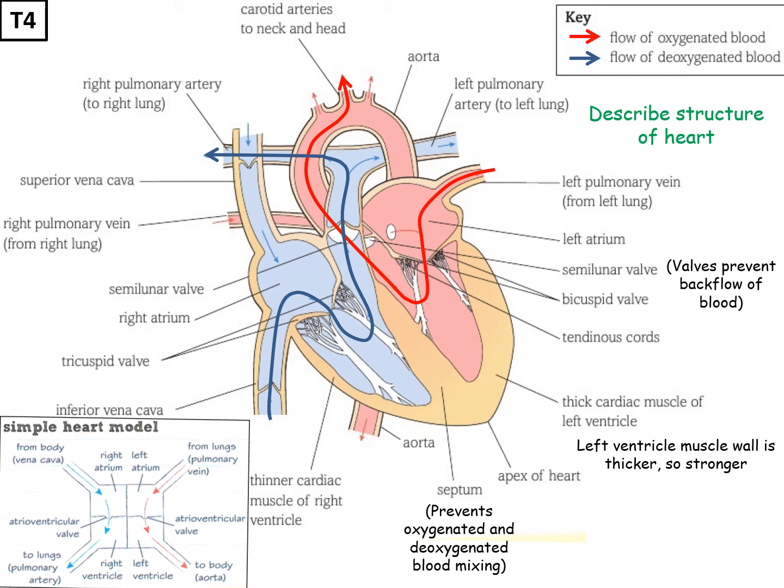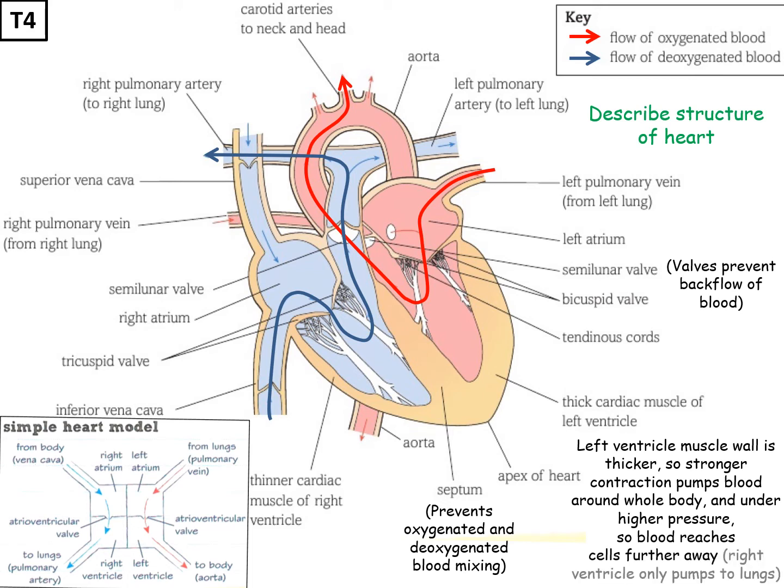And if it contains more muscle, the contraction is going to be much stronger. And because it's a stronger contraction, you can pump the blood around the whole body a longer distance and much faster. So the contraction and the pumping of the blood will be under a higher blood pressure, and that helps the blood reach cells further away much quicker.